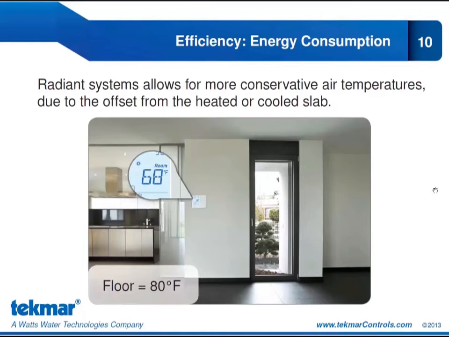In cooling, because we have a chilled slab, we can have a higher air set point and the same level of occupant comfort because of the offset of the cooled slab this time. So having more conservative air temperatures will certainly reduce our ductwork distribution losses on the air side, and speaks again to the increased efficiency of having a combined radiant and air system.